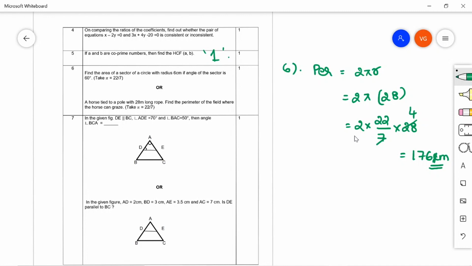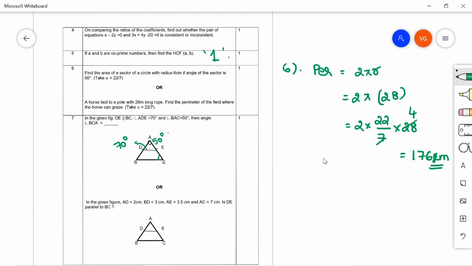Coming to question number 7. In the given picture, DE is parallel to BC and you are given ADE is 70 degree and BAC is 50 degree. Then find the angle BCA. This is again simple. See here, the line that is drawn, DE, is parallel to BC.